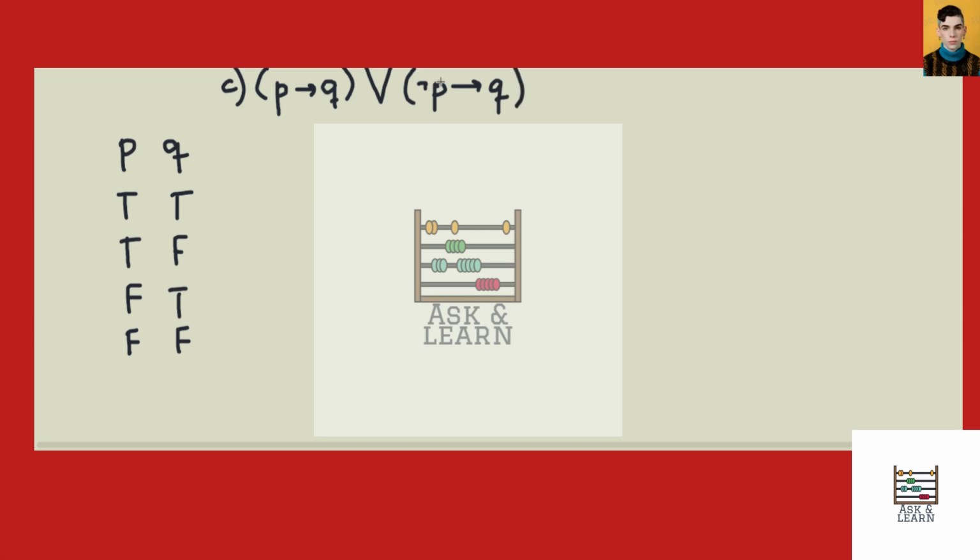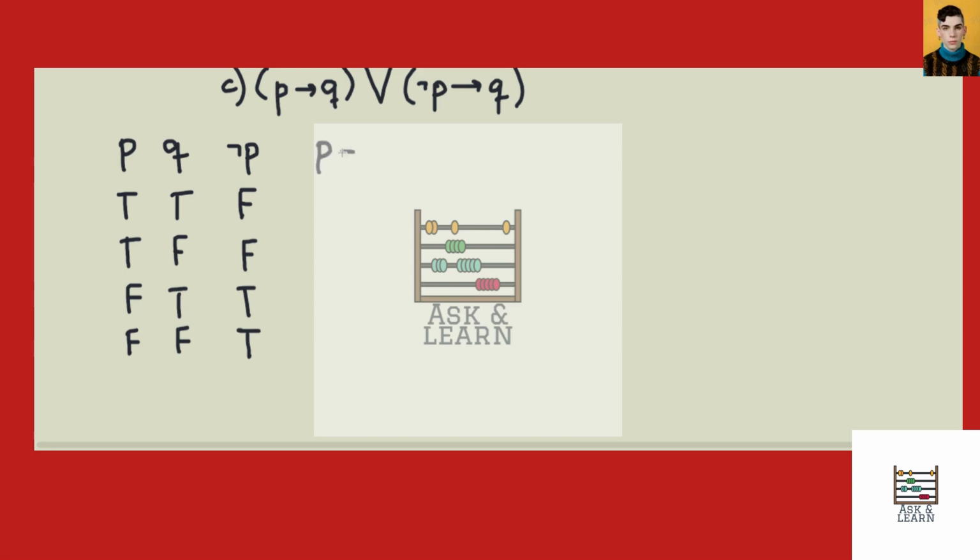So again, looking at the compound proposition, we have 3 variables, or 3 different propositions. We have P and Q, and then we have the negation of P. So we'll rewrite it. And again, this will be the opposite of whatever P is. True, true. Now, let's solve the first compound proposition. So we write that down.